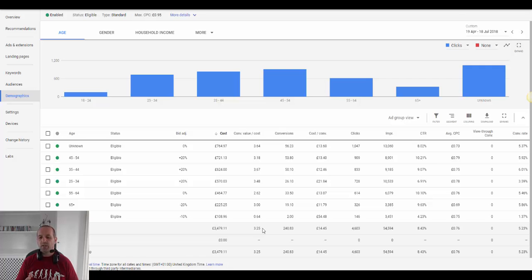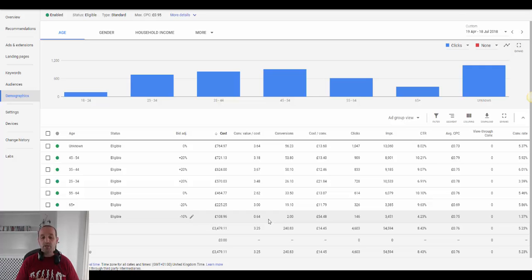So if my conversion value over cost for the whole account is 6, I'm not going to lower the bids on all of these because some of them perform better than others. So the reason that they're all at 3 and not 6 might be keyword related. It's not related to 45 to 54-year-olds behaving differently to 35 to 44-year-olds. So we're looking at comparative data here.